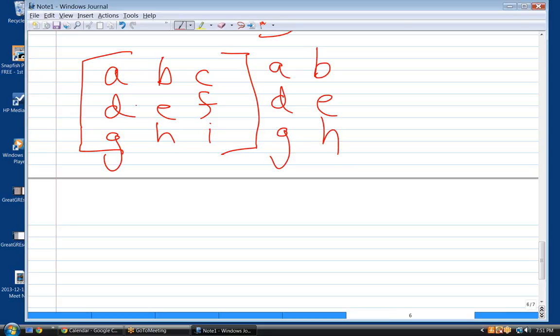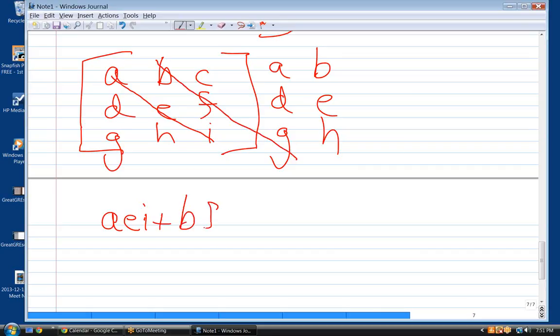Now what we essentially do is take the product of those 3. So A times E times I, plus the product of those 3, B times F times G, plus the product of those 3, C, D, H, and we subtract out.